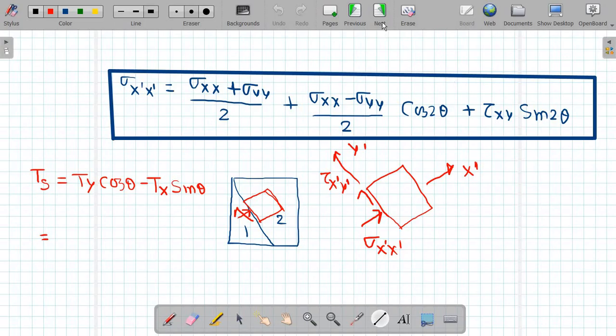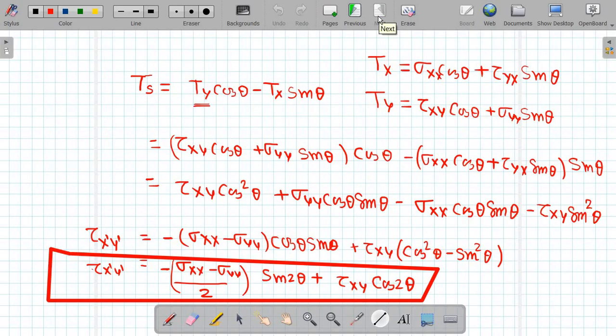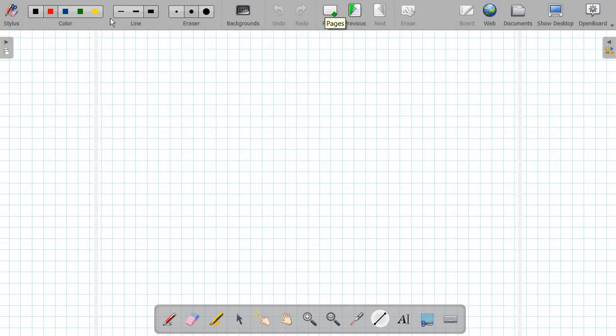So, first I have to rewrite it to understand the things. I am again rewriting it.